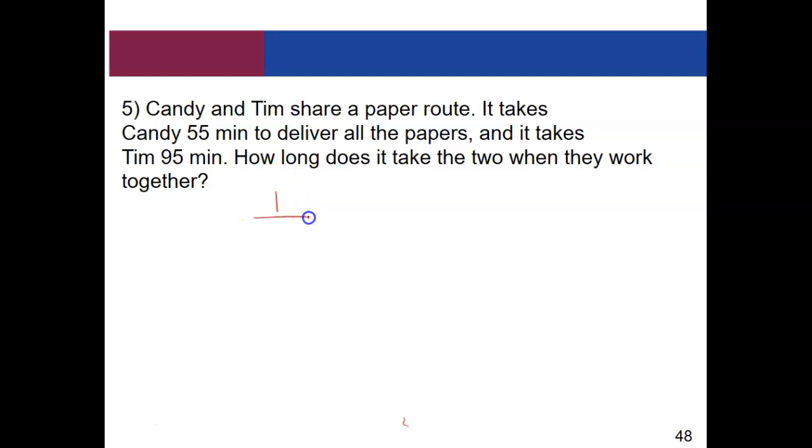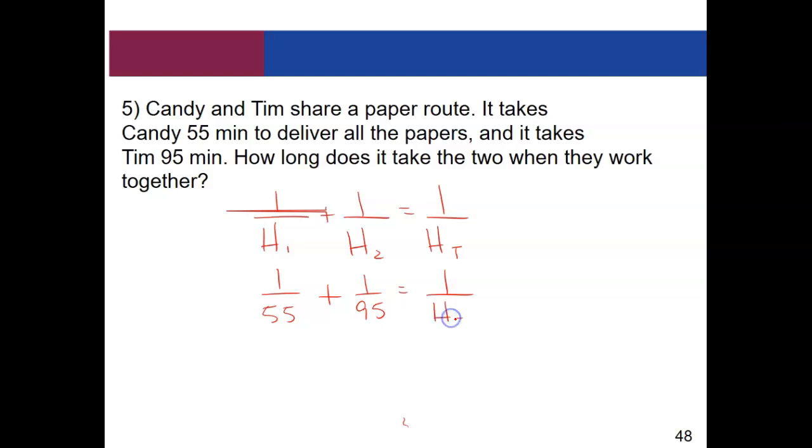So we're using the model 1 over h sub 1 plus 1 over h sub 2 equals 1 over h sub total. Okay, we know that the first one takes 55 minutes, and the second one takes 95 minutes, and we need to figure out their total. So we need to combine these two fractions together, and you can either get a common denominator or do it on the calculator.